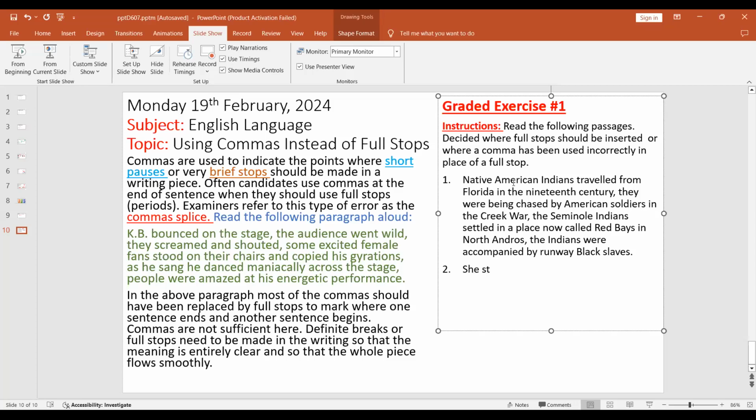Next one. She stealthily dipped her hand into her pocket to extract the stick of gum.